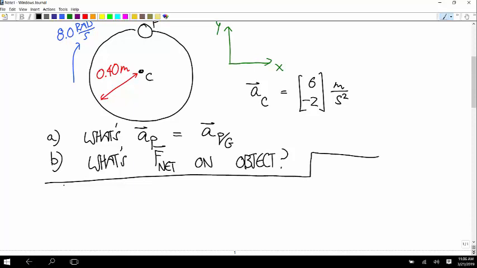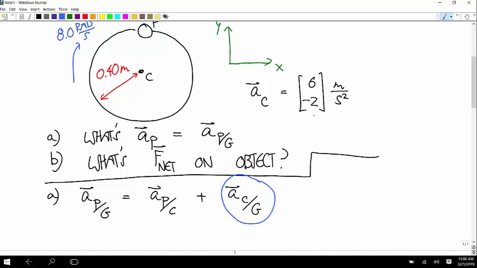Well, we know that to find that acceleration, we're going to use the fact that the acceleration of P relative to the ground is equal to the acceleration of P relative to the center plus the acceleration of the center relative to the ground. This one is given, and this one is circular motion.